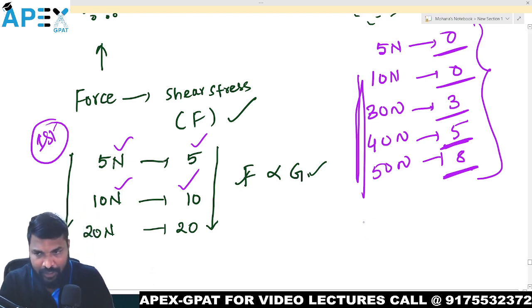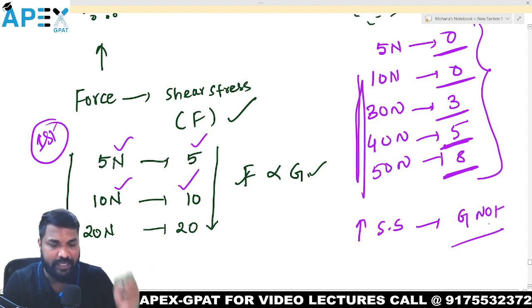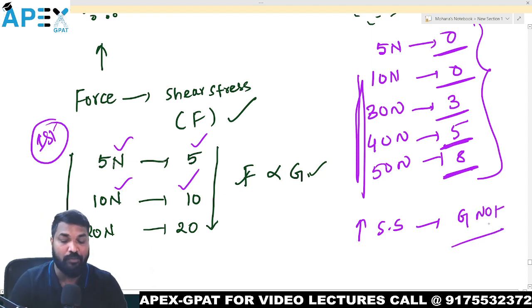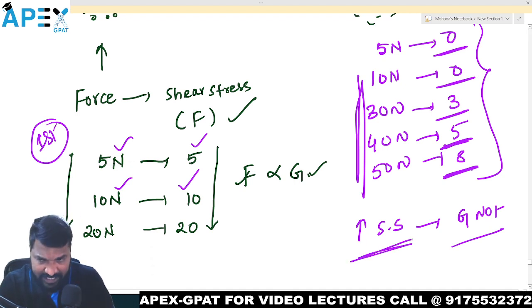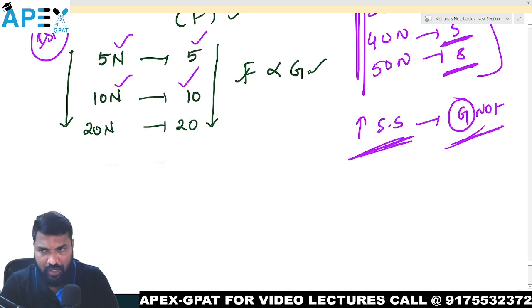You increase the shear stress, but the flow, or rate of shear, G, is not increasing proportionally. So this type of flow, we call the non-Newtonian flow.